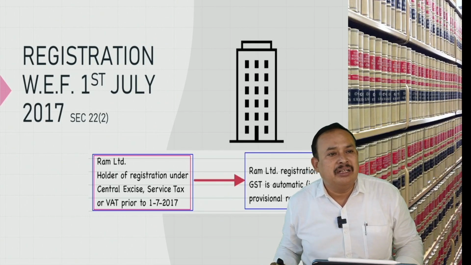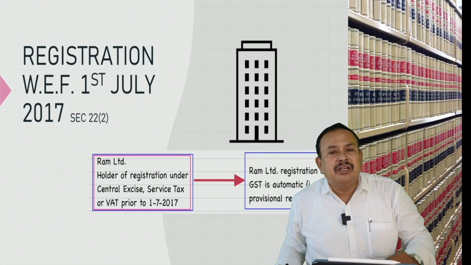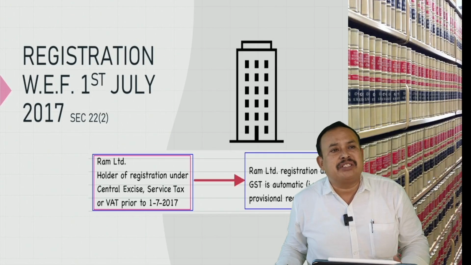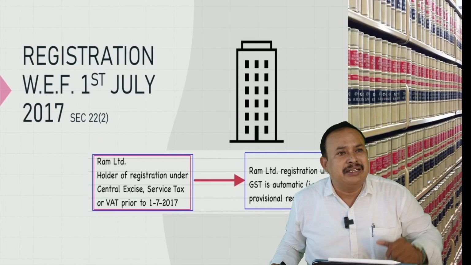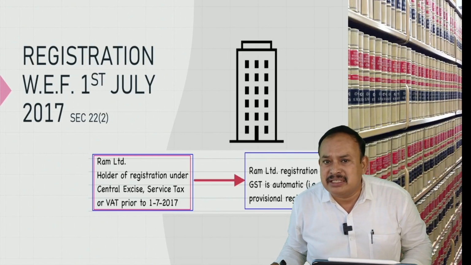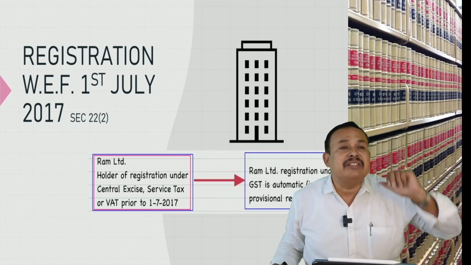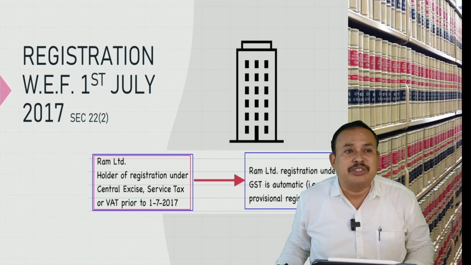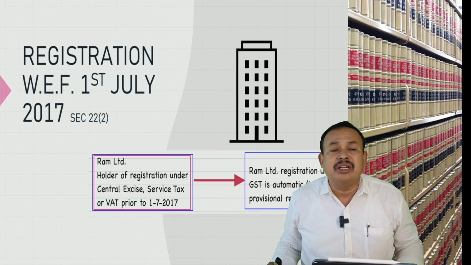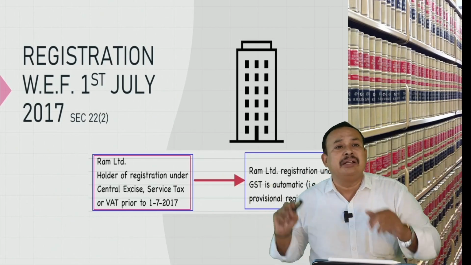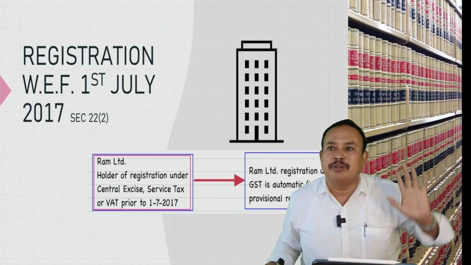Migrated persons, see. You tell me, Bharatwaj Institute, prior to 1st July 2017, was there in the industry to cater to the needs of budding CS students. Yes or no? Yes. At that time they had service tax registration prior to 1st July 2017. Now, from 1st July 2017, GST was introduced, and Bharatwaj Institute compulsorily became a registered person under the GST law irrespective of the turnover.